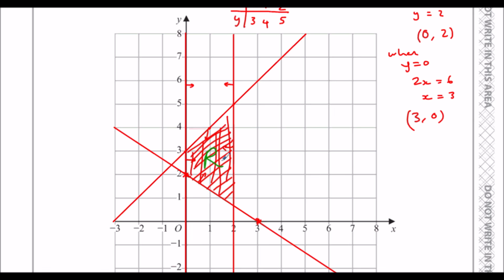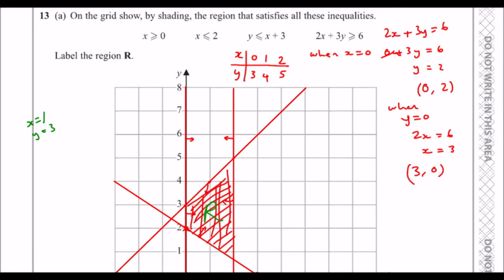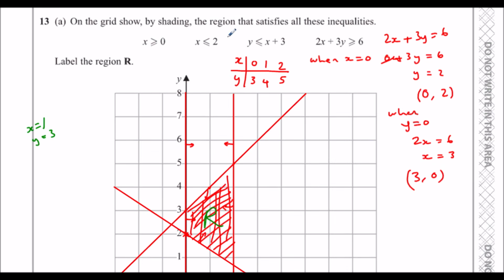And we can check this is true using a point. So the point 1, 3 is in the region. So when x is 1, y is 3. If we put x is 1 and y is 3 into these, they should all be true.